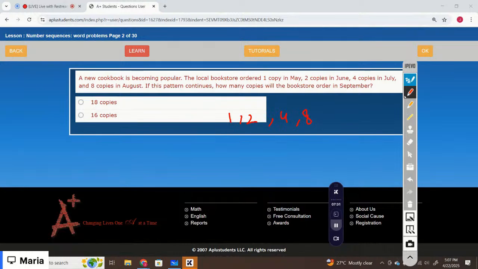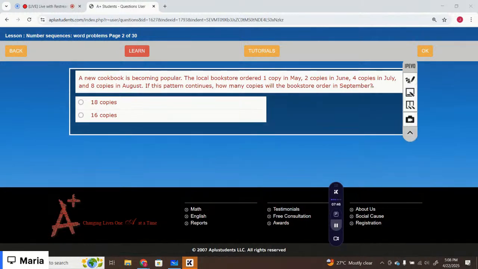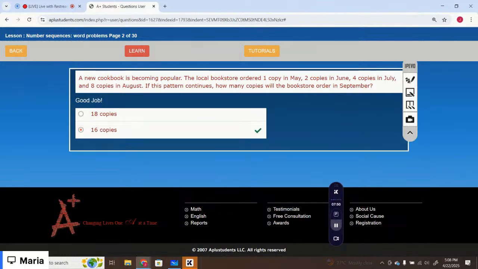So the next one is 16 copies. Option number 2 is the correct option.